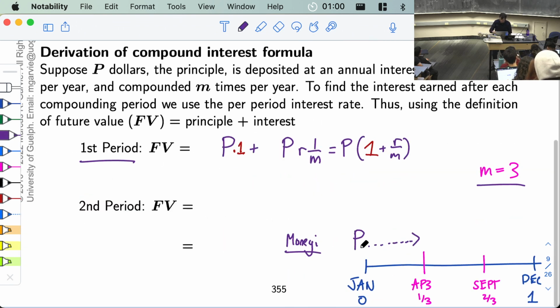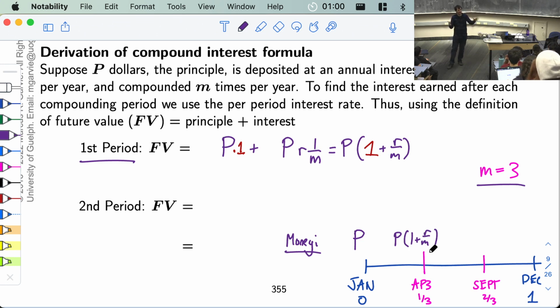So in January to April, we started with P dollars, and then in April, after we got our interest, now we have P times 1 plus r over m. And here's the thing. All that work we did of calculating how much money we had in April given what we had in January, the same work applies from April to September. To go from April to September, we do the same thing that we did to go from January to April.